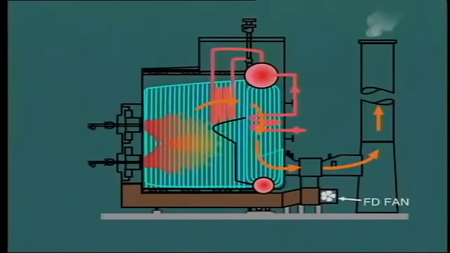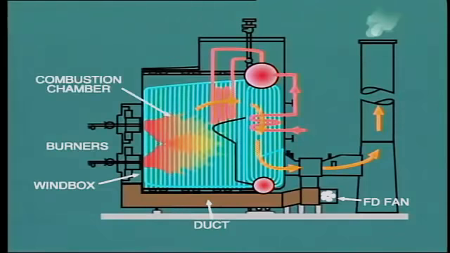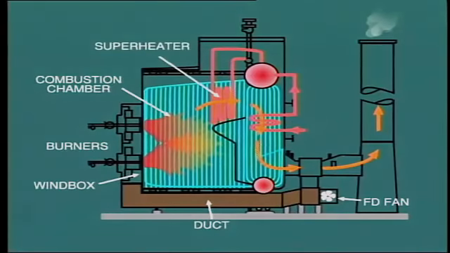The arrangement shown here uses one FD fan only. It must provide sufficient pressure to push the air through the ductwork, wind box, burners, combustion chamber, now as combustion gas, superheater zone, economizer, air heater, and up the chimney.